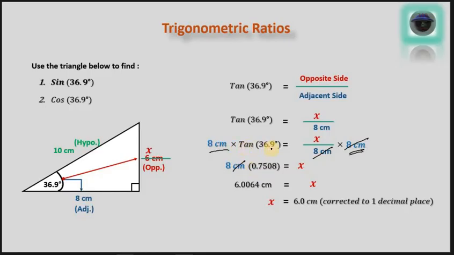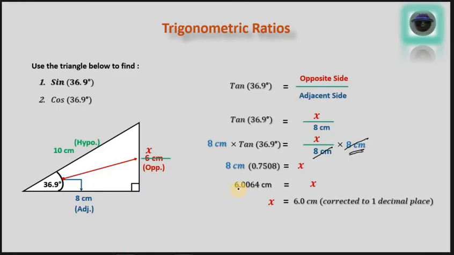tan 36.9. So let me go over this again. You wouldn't put centimeters in your calculator, obviously not, but you'll put 8 tan 36.9, and that will give us 6.0064, and so on. So what we need to do is correct this to one decimal place. Let's assume that they asked us to correct it to one decimal place.